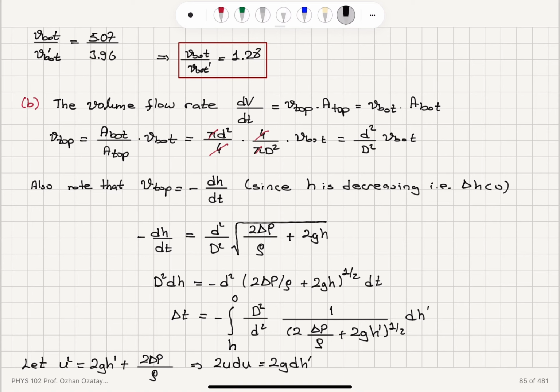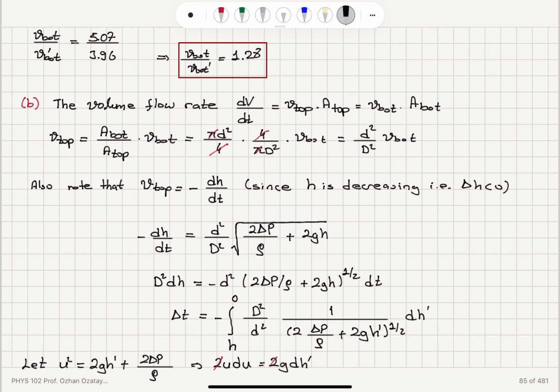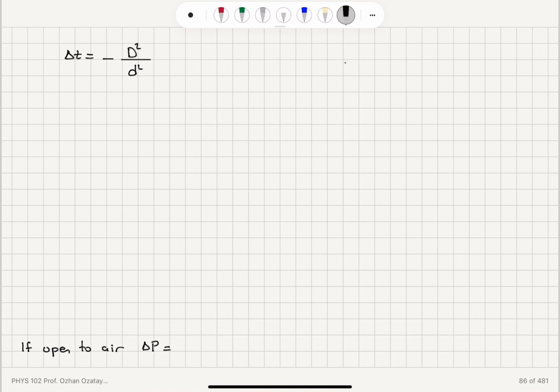Okay, so 2's will cancel. And for dh prime, I will substitute u du over g. So delta t is minus, copying my result from the previous calculation, capital D squared over d squared. That remains. For dh prime, I substitute u du over g, so I'm going to have a 1 over g here.